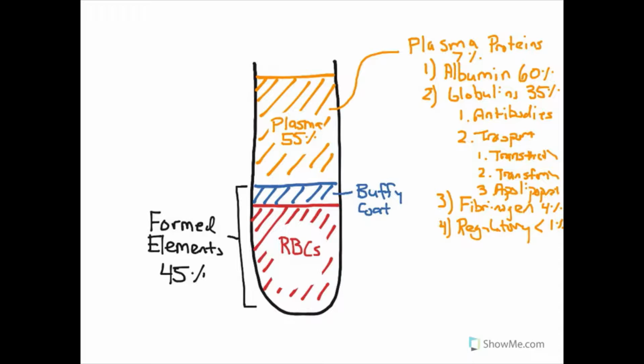Another big component of plasma is solutes. Solutes comprise about 1% of the volume of plasma's materials. The one thing I don't have here yet is the most abundant, of course, which is water. Plasma is by far mostly water, and that is where most of that volume comes from.